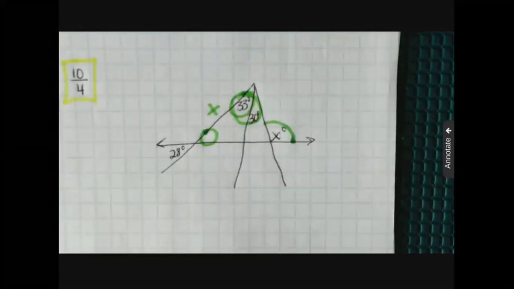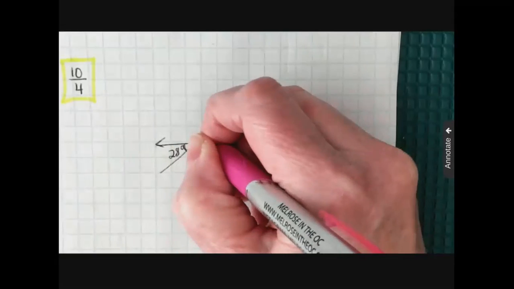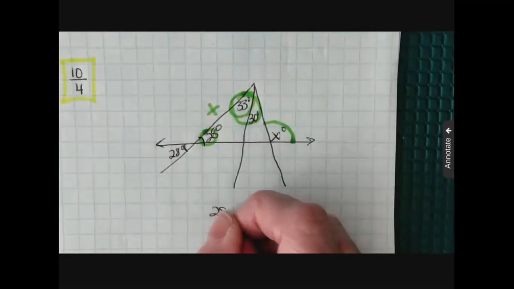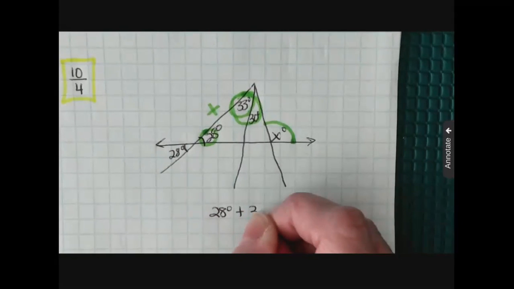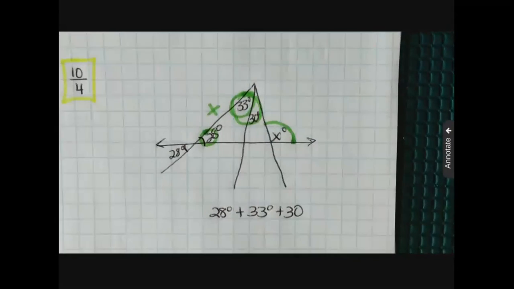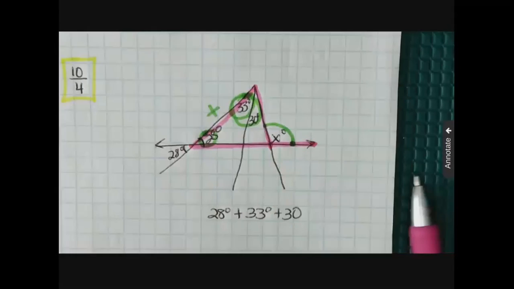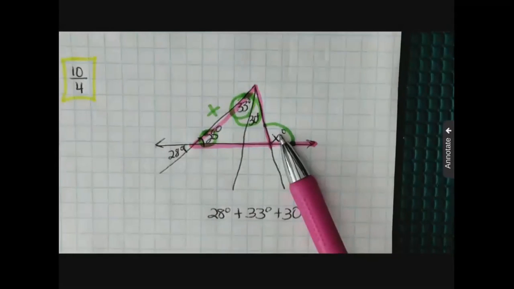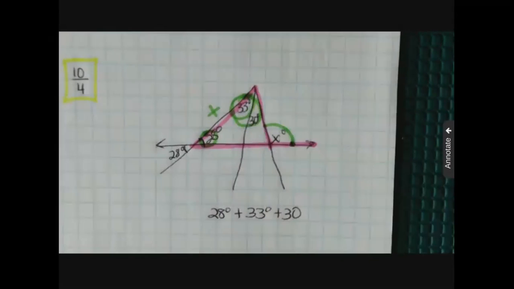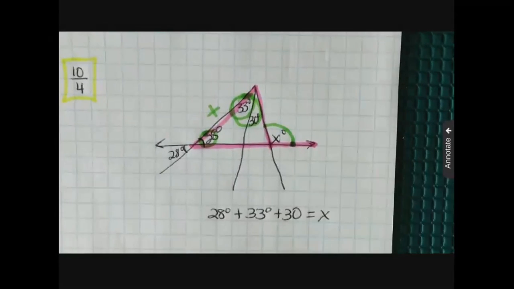They didn't tell you this angle, but what they did tell you is this one, and these are vertical angles, so I can assume that this one's 28. So I'm going to take 28 plus 33 plus 30, because you have to act like this is one big triangle here. And remember, the outside angle is equal to the two opposite angles. I have to add these together because that's the whole big thing, and that is going to be equal to x.